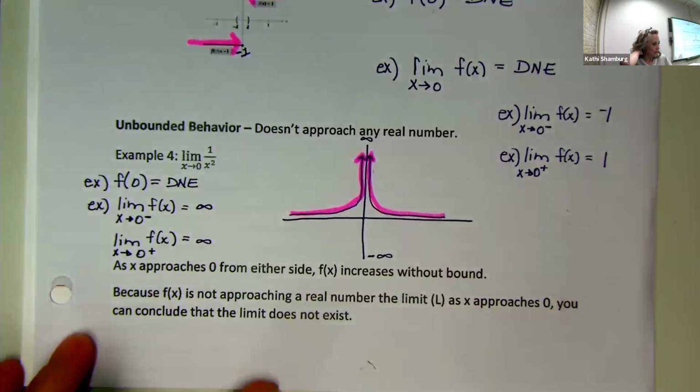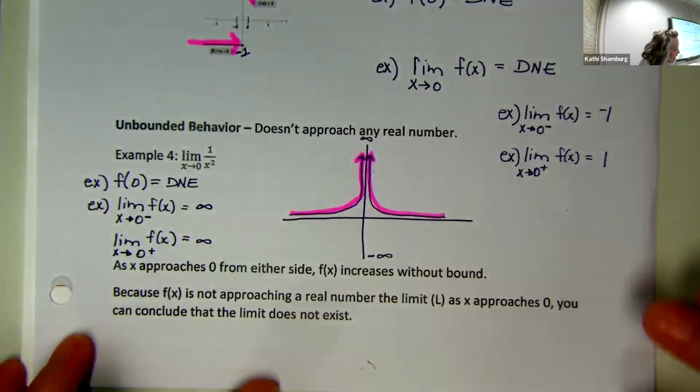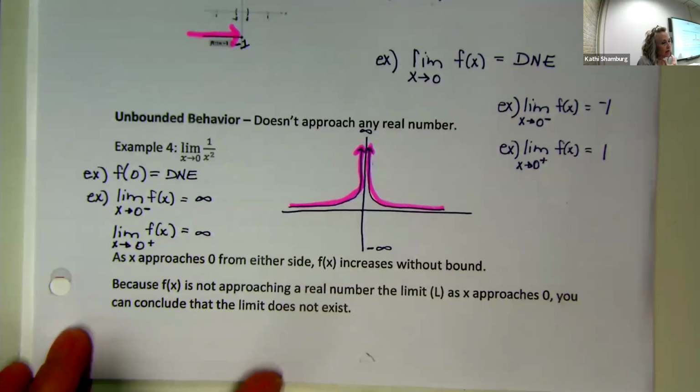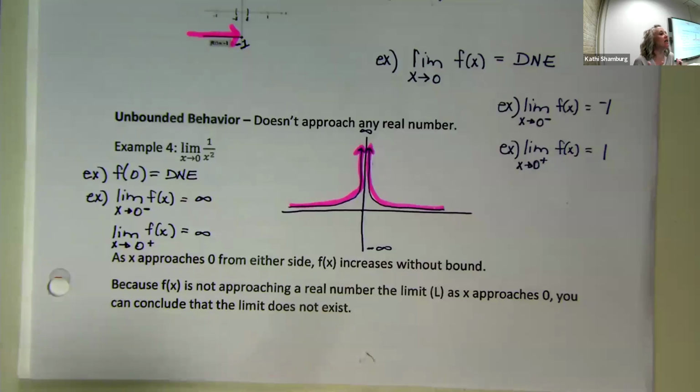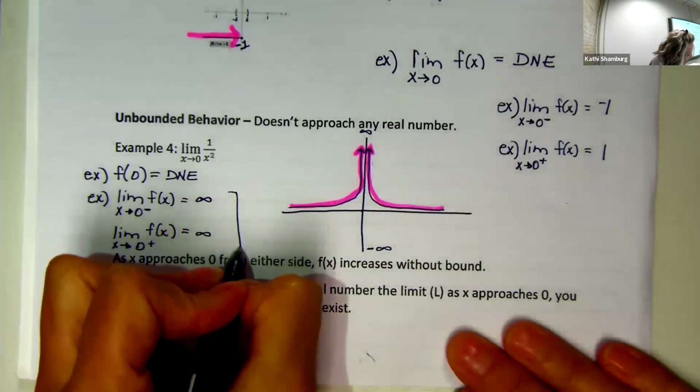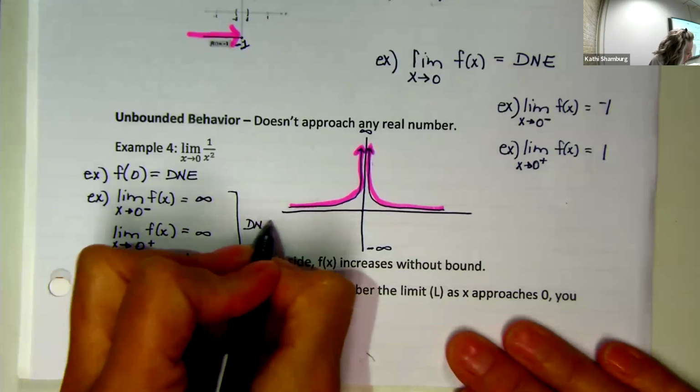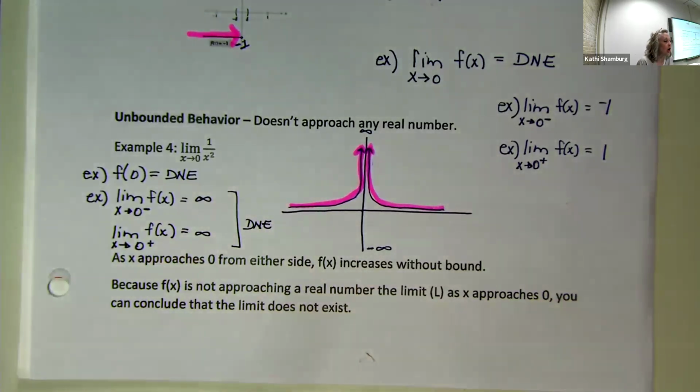Now, in WebAssign, just read the directions, because technically the limit does not exist. There's not a single number they're approaching, but it may ask you to enter infinity. Technically this does not exist because we don't land on one individual number. They are both approaching positive infinity, but there's not an individual number to represent that.